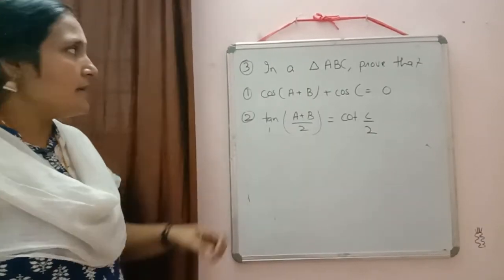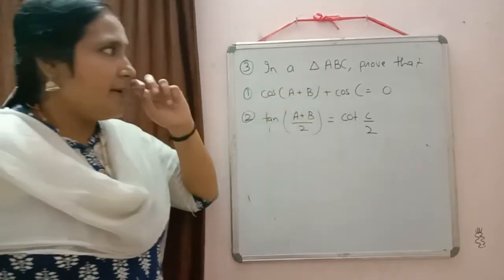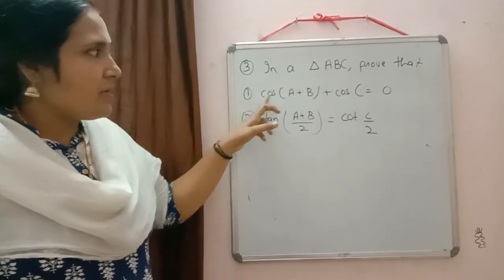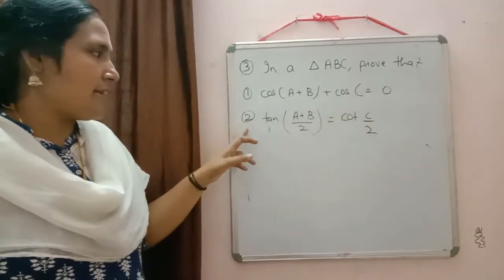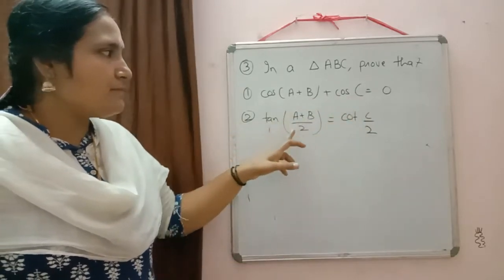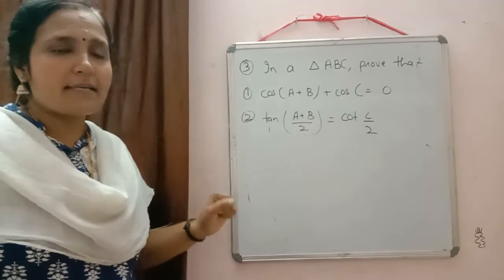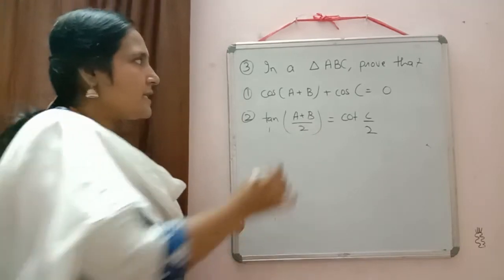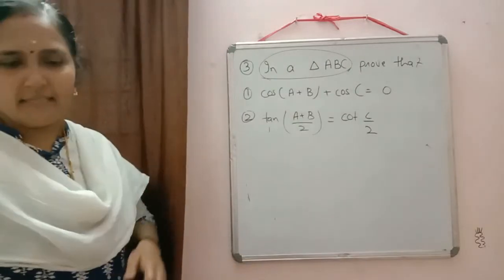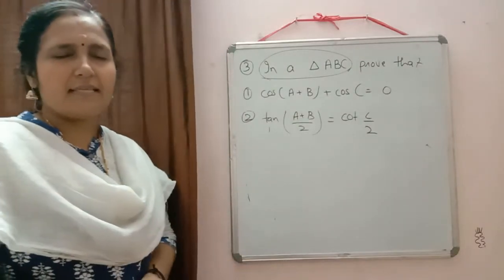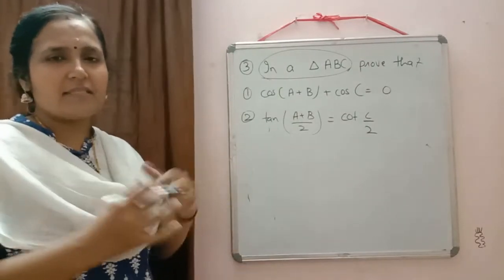Next question is: in a triangle ABC, prove that the first one is cos (A plus B) plus cos C is equal to 0, and the second one is tan (A plus B) by 2 is equal to cot C by 2. What is the condition given? In a triangle ABC. So if it is a triangle, what is the first thing we remember?